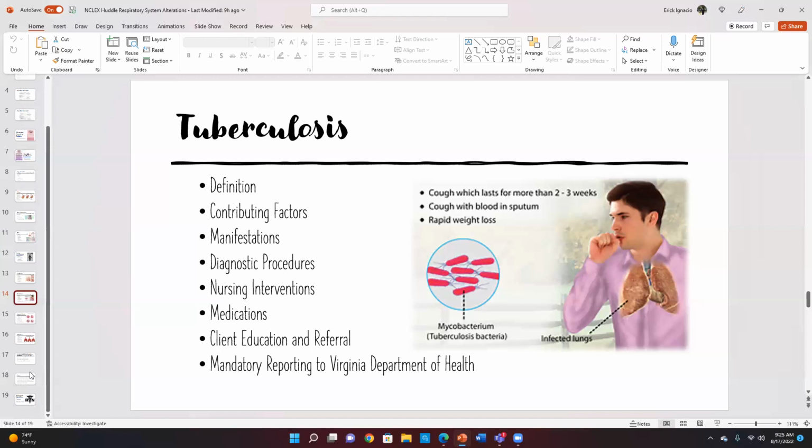Okay, so one thing to remember about these medications, rifampin and isoniazid, and pyrazinamide and ethambutol, they must be taken on an empty stomach at the same time each day, and they should be taken for 6 to 12 months. So that's going to be really important to educate your patients on.